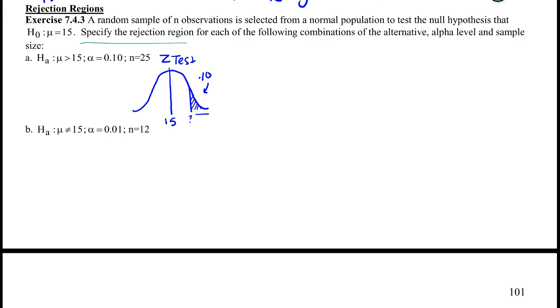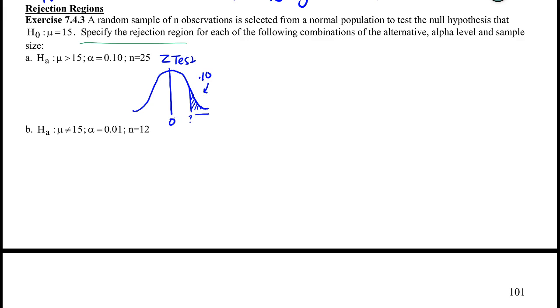We could even go all the way back to the sample means, but they want us to actually do this for a z-score. Because once we see a z-score, we know a z-score gives us a measure of how unusual something is. So if we just came up with a cutoff for the z-score, we don't have to go all the way to the p-value. We could just look at our z-score and compare.